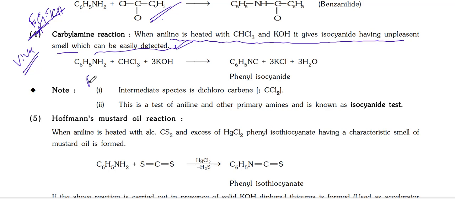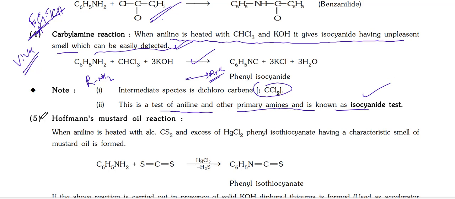It is similar: RNH2 also gives RNC. Aliphatic and aromatic, same reactions. Here important, the intermediate is CCl2. This is a test of aniline and other primary amines and is known as isocyanide test also.